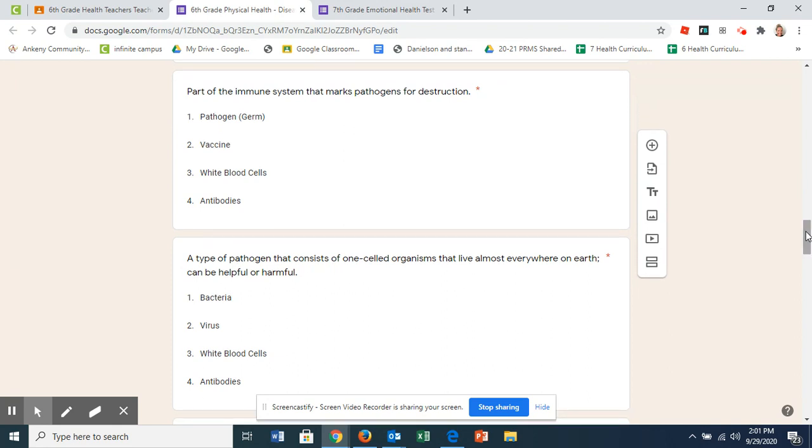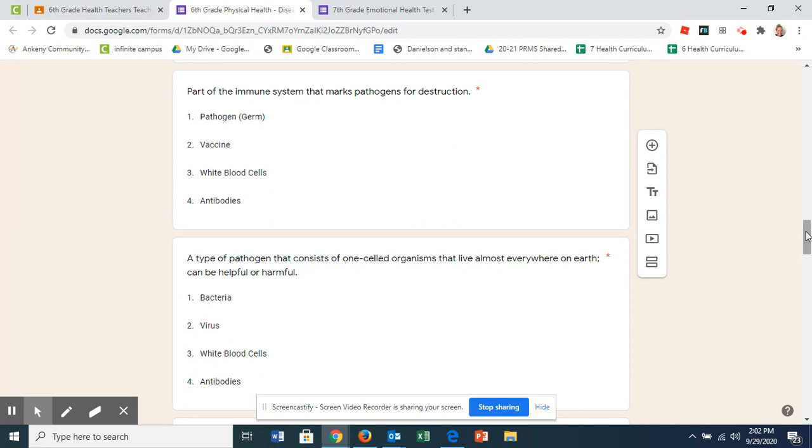Next definition: part of the immune system that marks pathogens for destruction. Number 1, pathogen, germ. Number 2, vaccine. Number 3, white blood cells. Or number 4, antibodies.